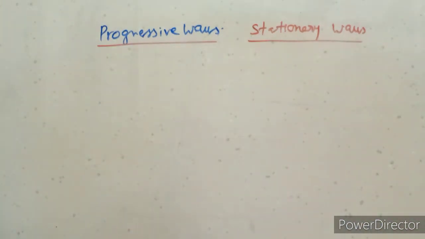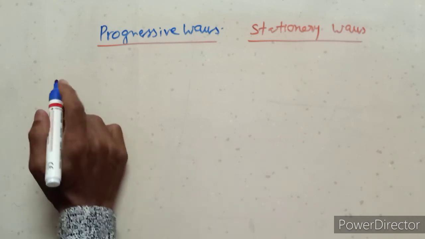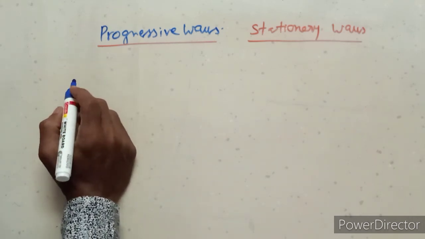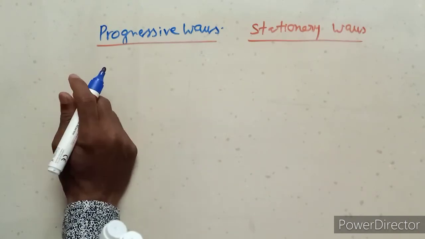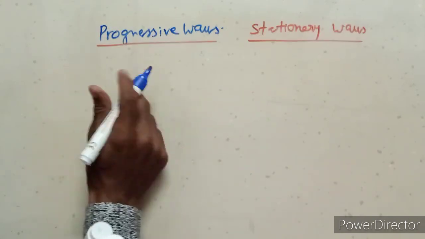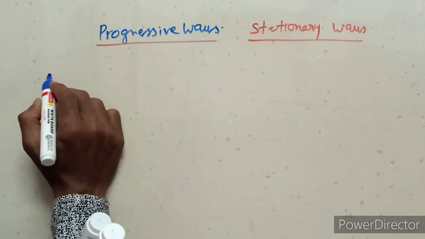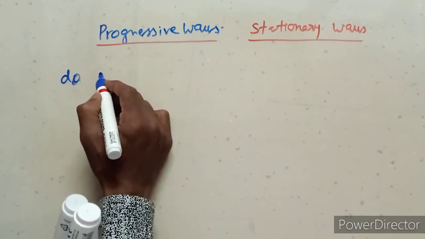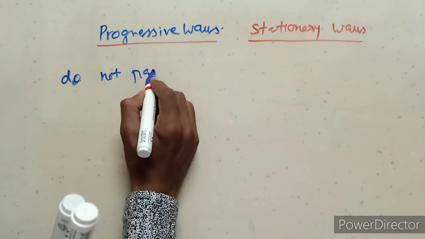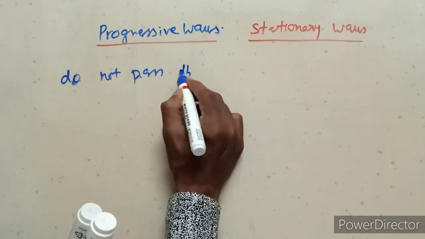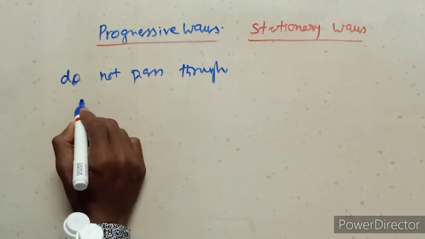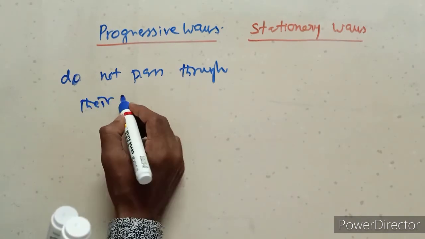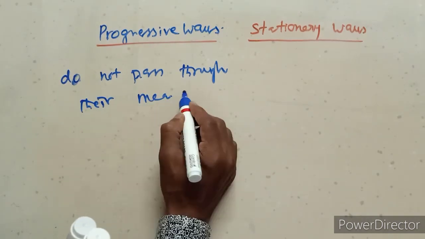Next point: in progressive waves, all particles do not pass through their mean position.